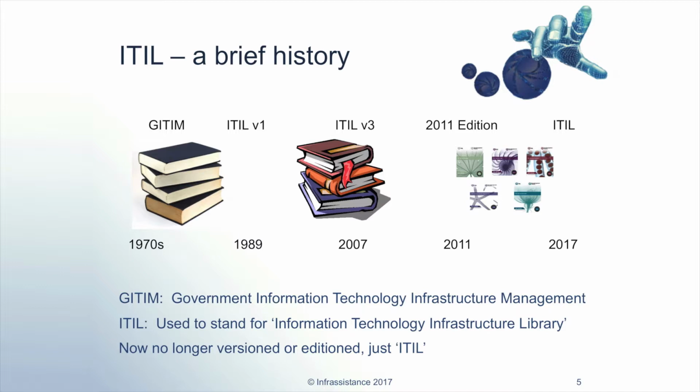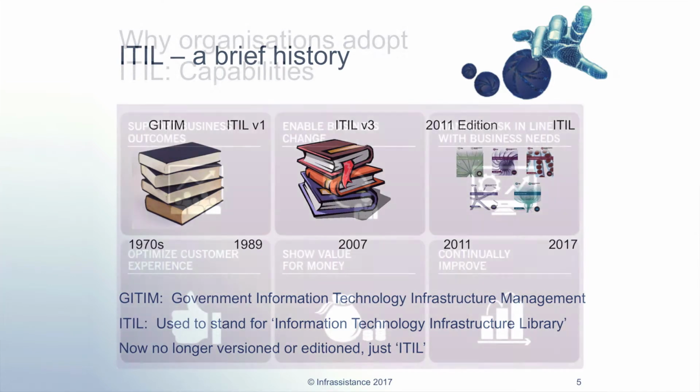The major update was in 2007 when it became version 3, and that's the point at which ITIL was structured around what we now know as the service lifecycle. There was a refresh or an update in 2011, which then became known as the version 3 2011 edition. But as of, I think it's 2015, ITIL is no longer officially editioned or versioned. It's just known as ITIL, much in the way as Windows is now Windows, not Windows 10.